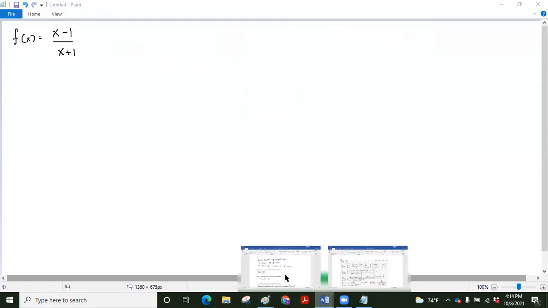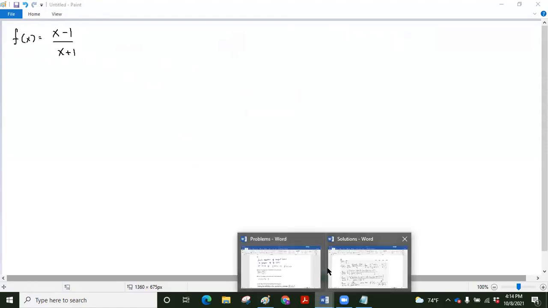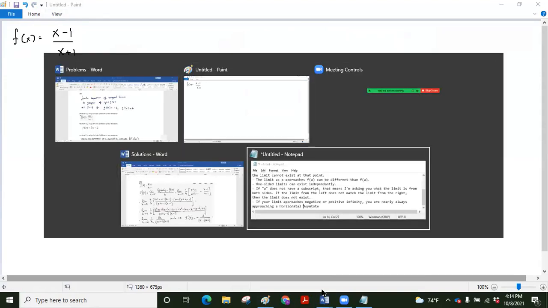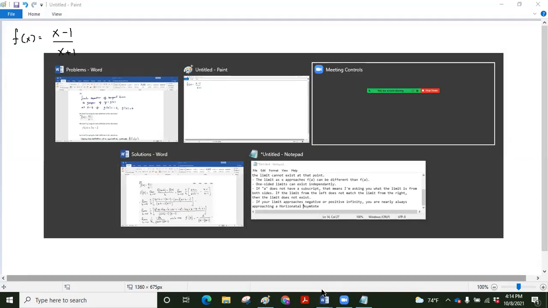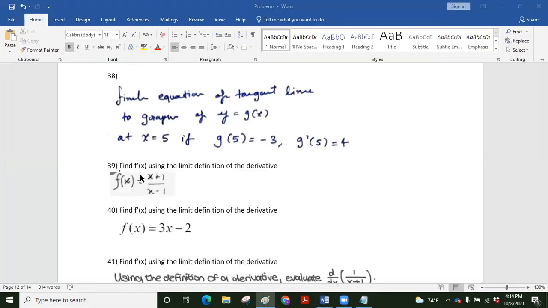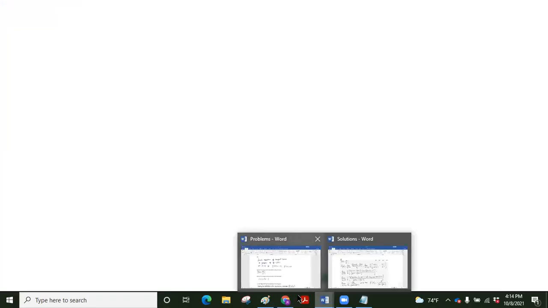And it essentially wants us to find the derivative using the limit definition. So we're going to go ahead and do that here.